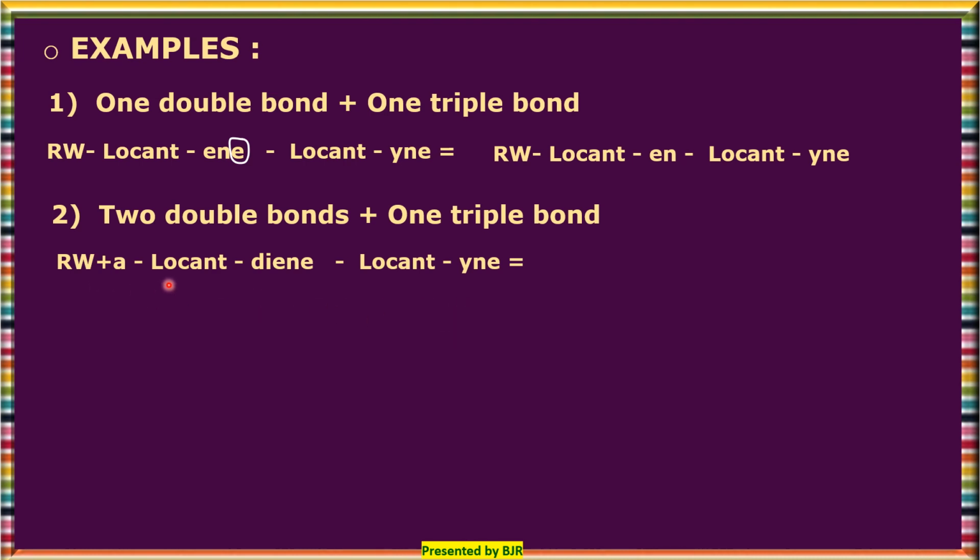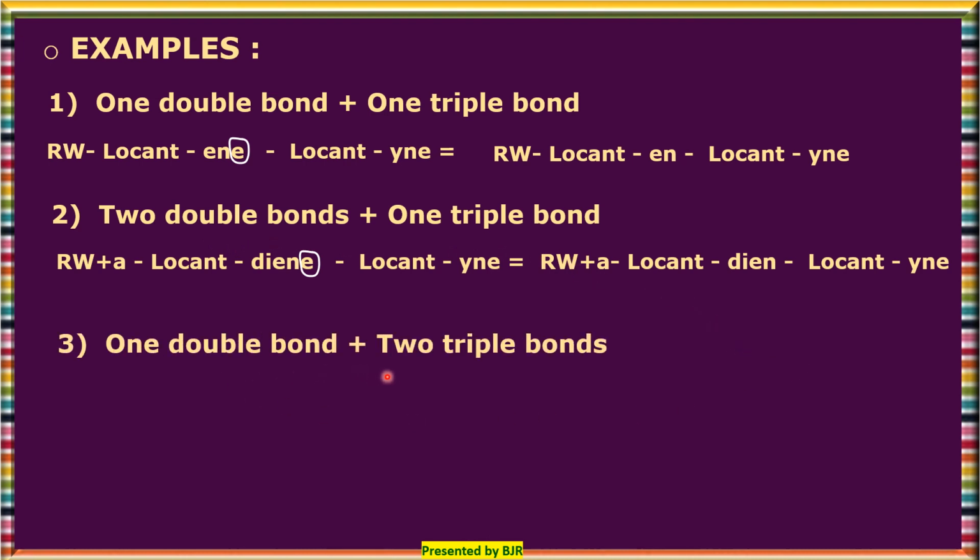Here also this terminal E is followed by the suffix beginning with Y. For that reason, E should be dropped. So this is the IUPAC name of an organic compound containing two double bonds and one triple bond.